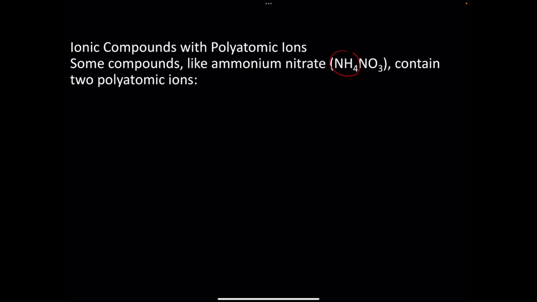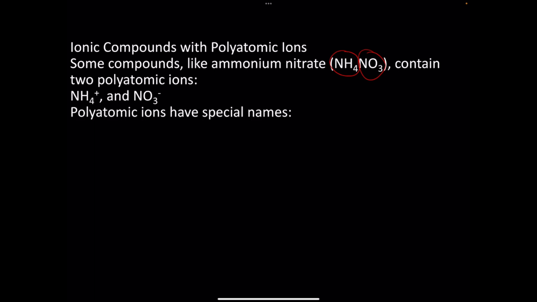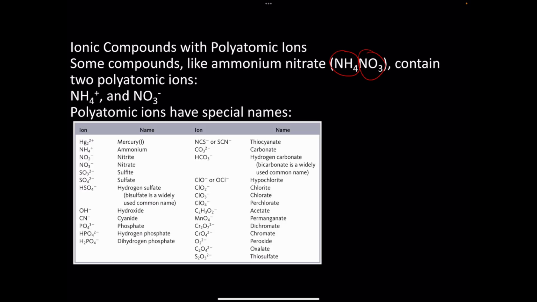We still have this positive part and this negative part, but in this case, they are polyatomic, many atoms, rather than just single atoms. So, as you can see, that NH4, that ammonium, has a positive charge and nitrate has a negative charge. Now, these are going to just be basically taken from this table right here with all these special names.